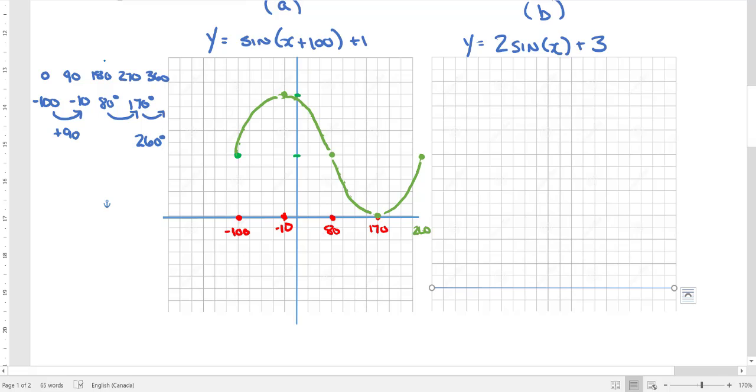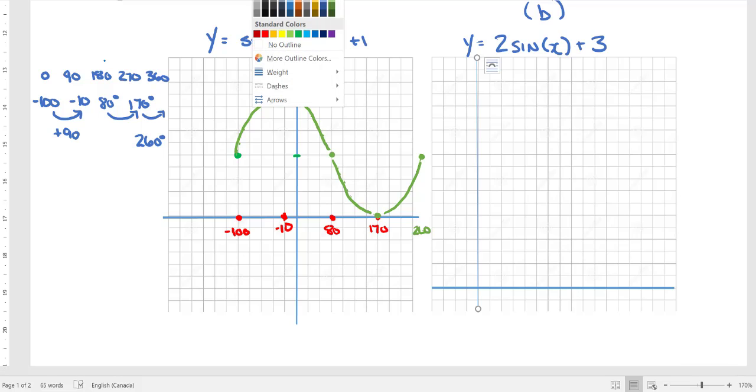The graph hasn't really moved left or right, so I don't have to worry about that. So everything's going to be out to the right side, so I can even leave some space out here on the right hand side because I know I don't have to move anything. Okay, so here's my y-axis. Make it just a little bit thicker.